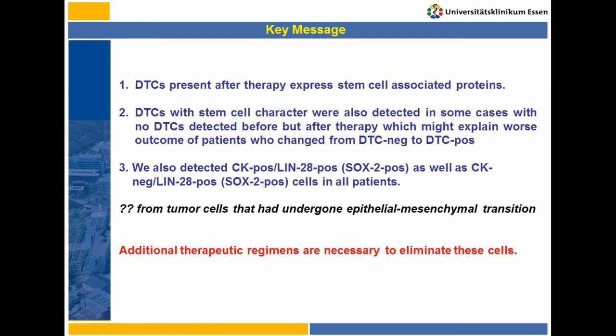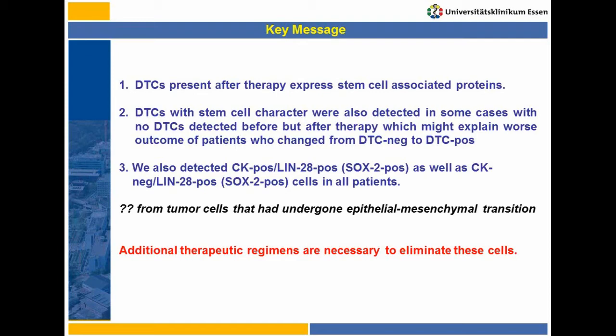But analyzing these patients after therapy, we also took the slides before therapy and looked for stem cell-like markers. And in those patients where we did not find any EpCAM or cytokeratin positive cell, there were very, very few cells that were stem cell-like.